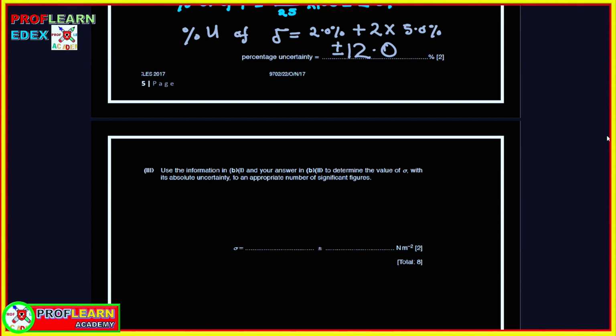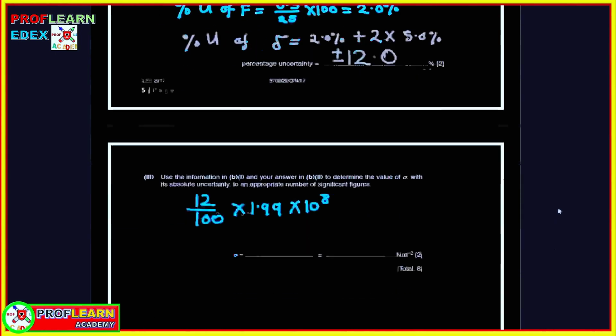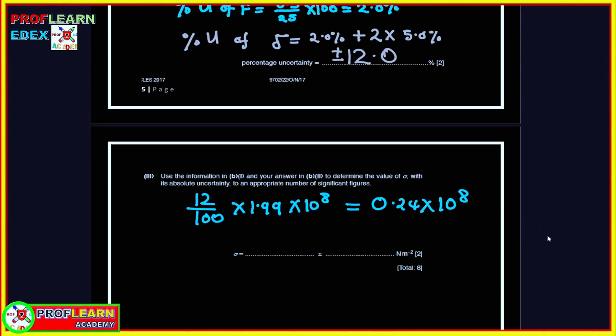Now, once you have the percentage uncertainty, questions will be asked whereby you are supposed to write your value in terms of plus minus, determine the value of stress with absolute uncertainty. So to get absolute uncertainty, you take the percentage uncertainty over 100 times the value of that stress that was calculated before, and that will be equivalent to 0.24 times 10 raised to power 8.